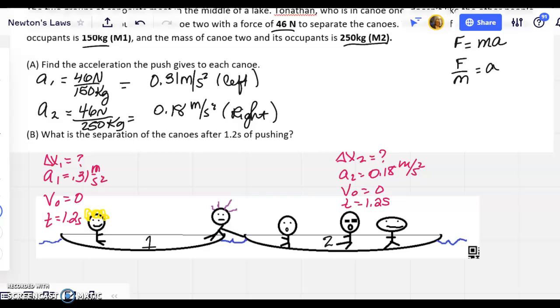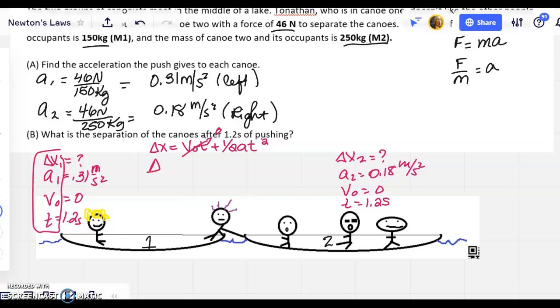You're looking for an equation that has delta x, acceleration, v initial, and time. So you would use delta x equals v initial times t plus 1/2 a t squared. Since v initial is 0, that term becomes 0, and we're just using the 1/2 a t squared.